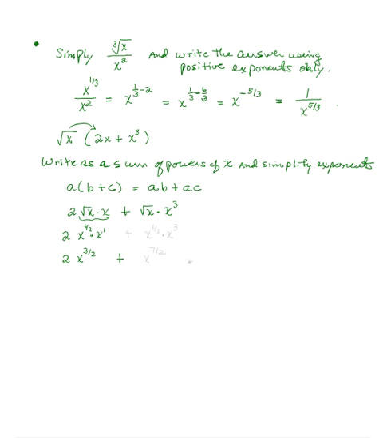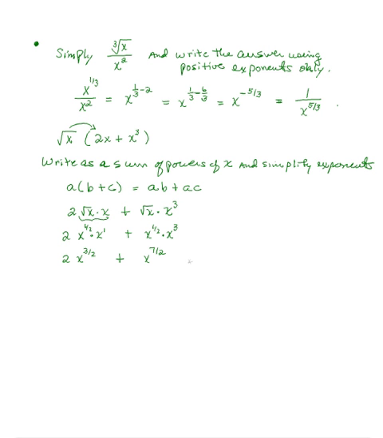And then we move to the second term, and we have the square root of x, which is x to the 1/2, multiplied by x to the 3rd. Now remember, when we multiply powers, we add the exponents. And so we would add 1/2 and 3. 3 is 6/2, and 6/2 plus one more half would be 7/2. So x to the 7/2 power.